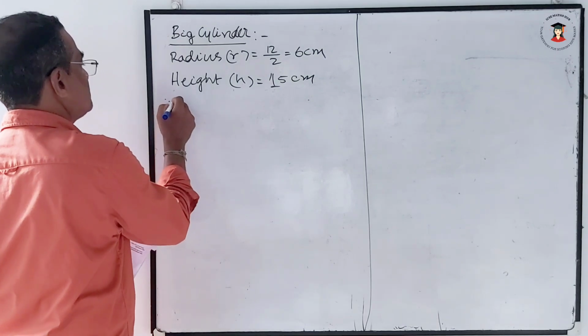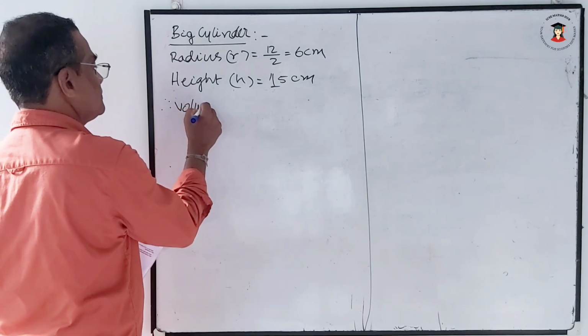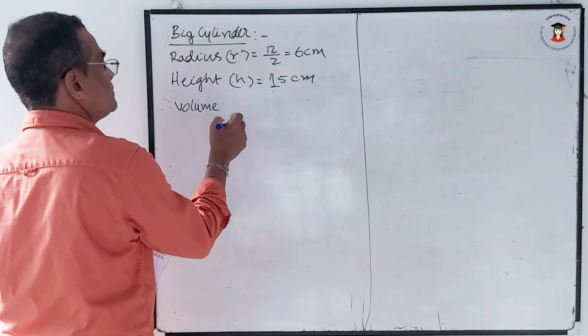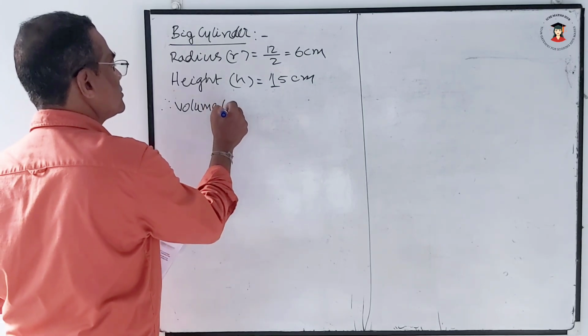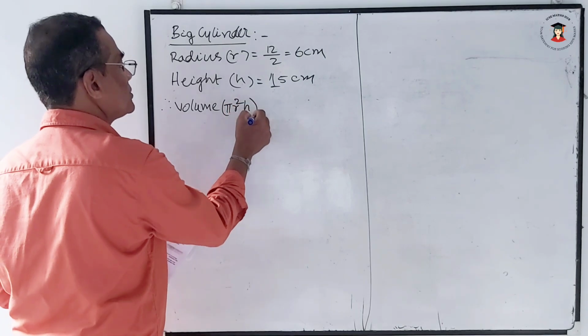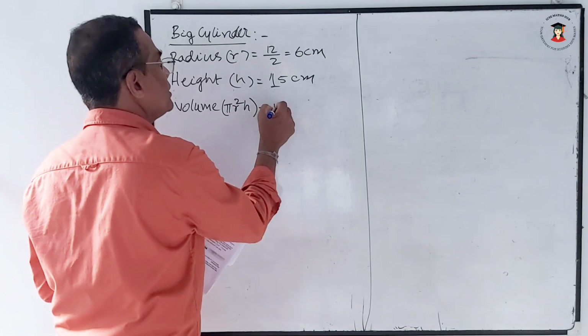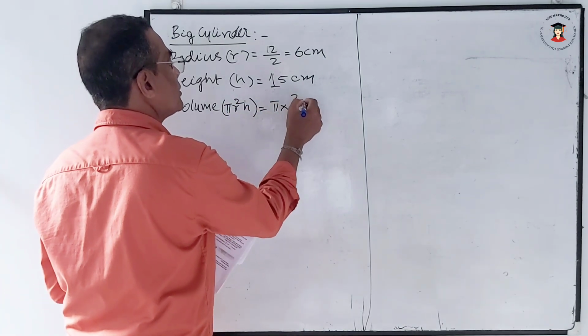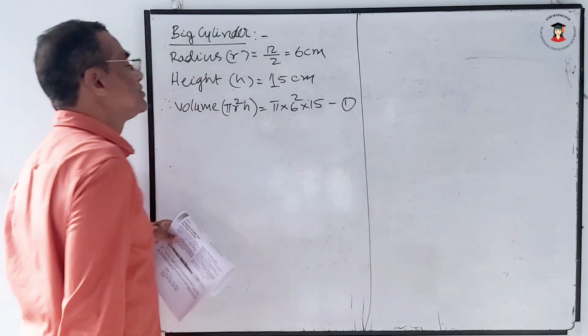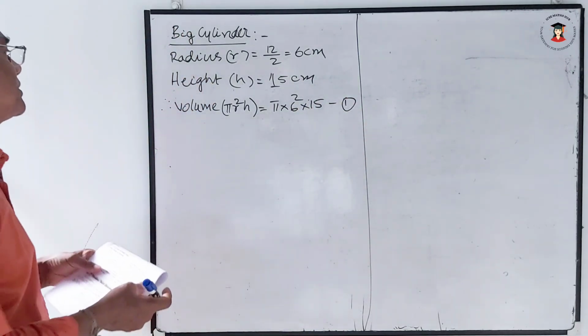Therefore volume is pi r square h equal to pi into 6 square into 15. This is equation number 1. This is the total volume before melting.